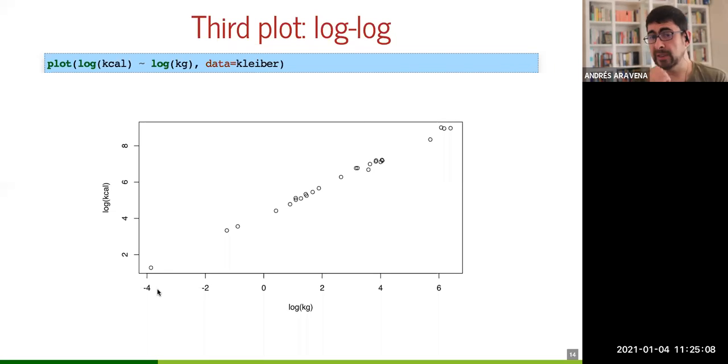And this is in fact what Kleiber did in 1947. He found exactly this thing, and you apply log in both axes, and you see something that looks very much like a straight line. So what we do, if we know two things: one, that using logarithm we can bend the data to make it look like a line, and second, if it looks like a line, we can find what is the best line.